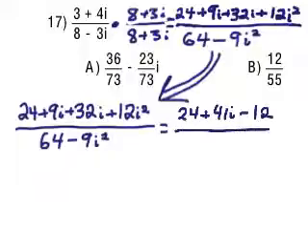And you can see we can simplify that even more. And down on the bottom we have 64 minus 9i squared, but that i squared is negative 1. So actually we have a plus 9.